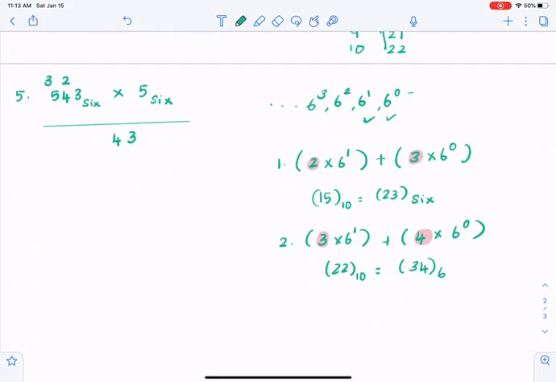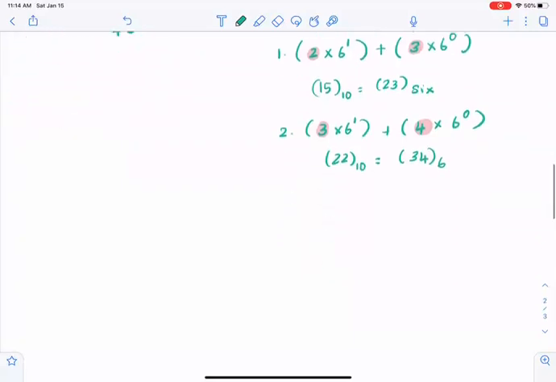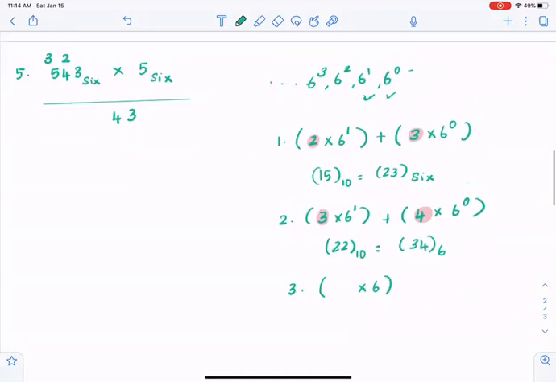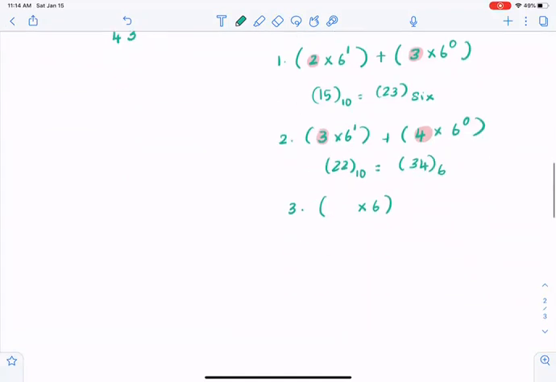5 times 5 is 25. 25 plus 3 is 28. Again, 28 is greater than 6, but we can't go to the third digit, which is 36, and it should be bigger than 28. So we just have to stop at the second one.